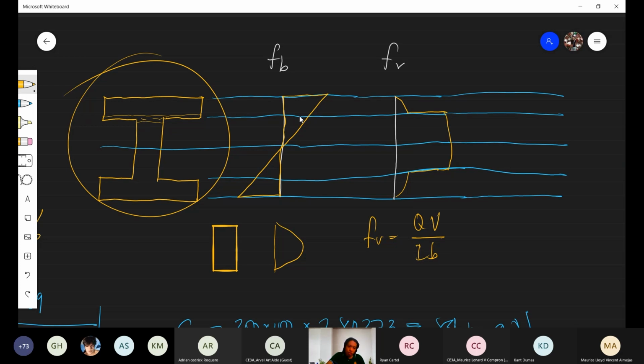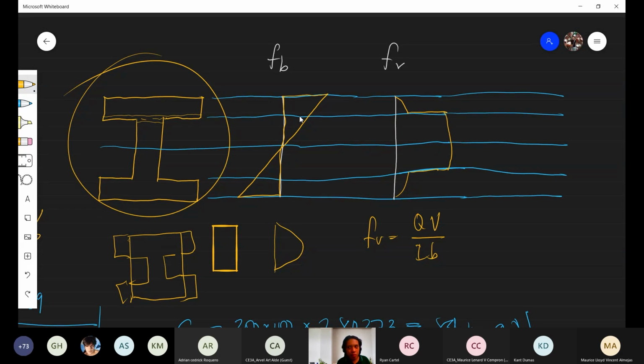Instead of a rectangle, the material is optimized.